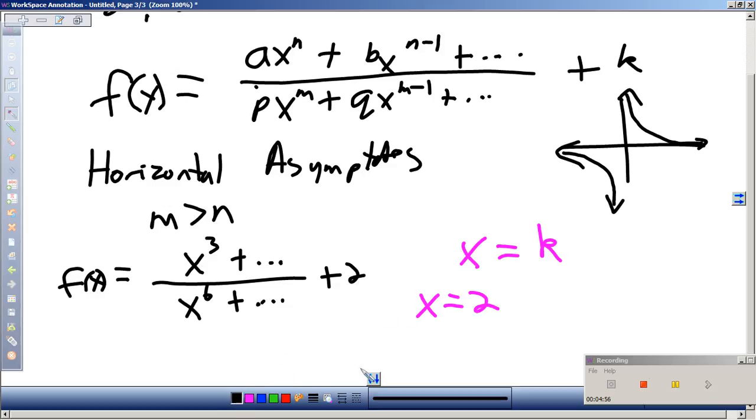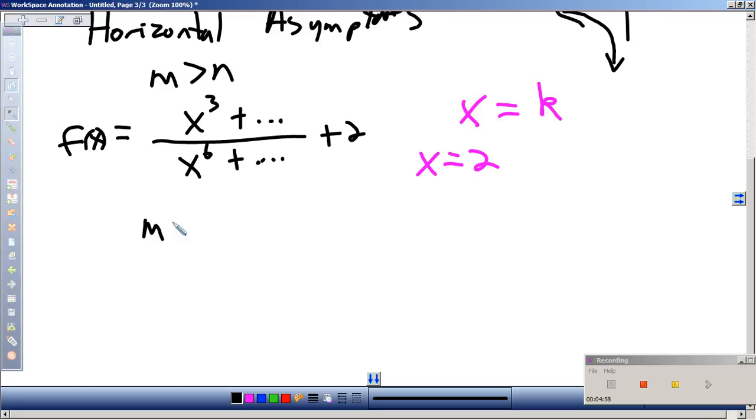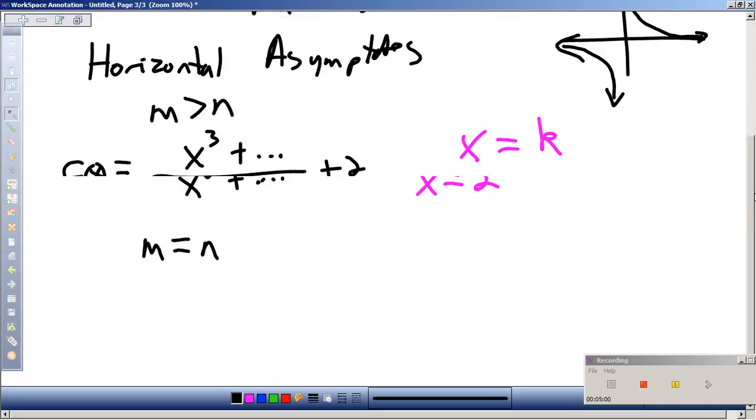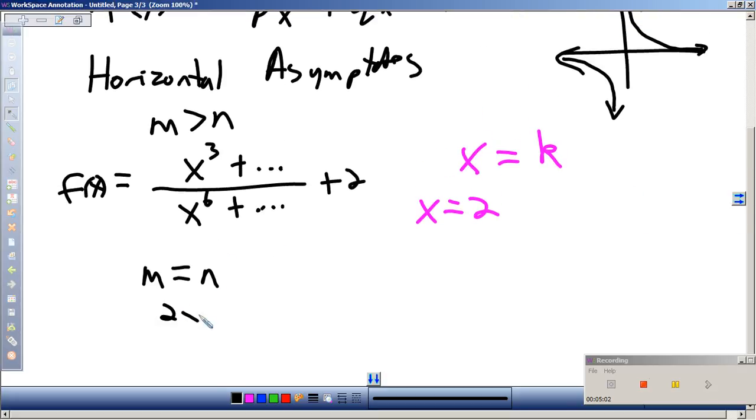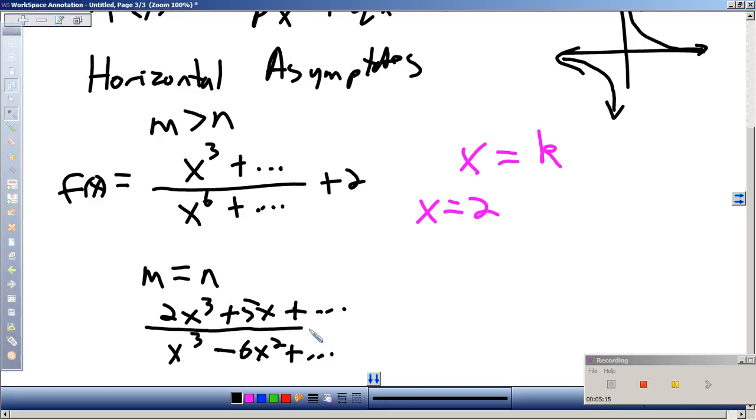Second case, we're going to put if m equals n. So we would have 2x cubed plus 5x, whatever, over x cubed minus 6x squared plus whatever. The power on top is equal to the power on the bottom. And I put plus 1. Anybody remember what you do for this?